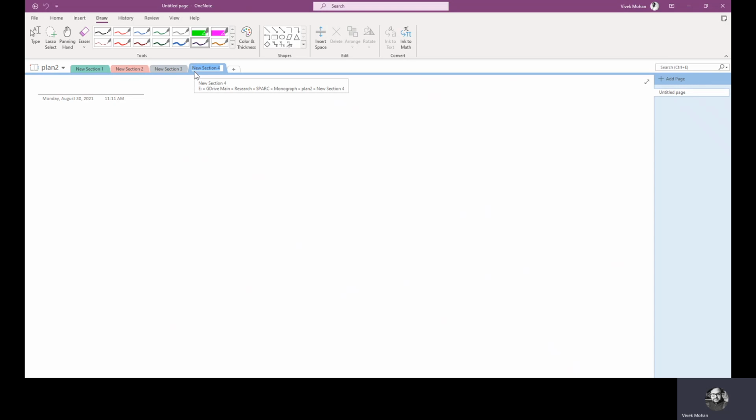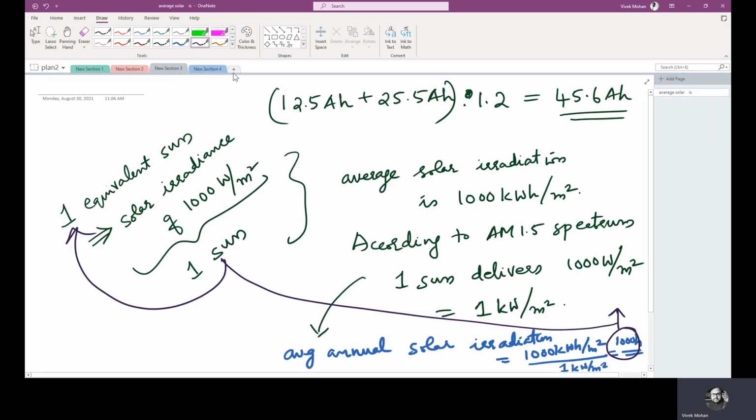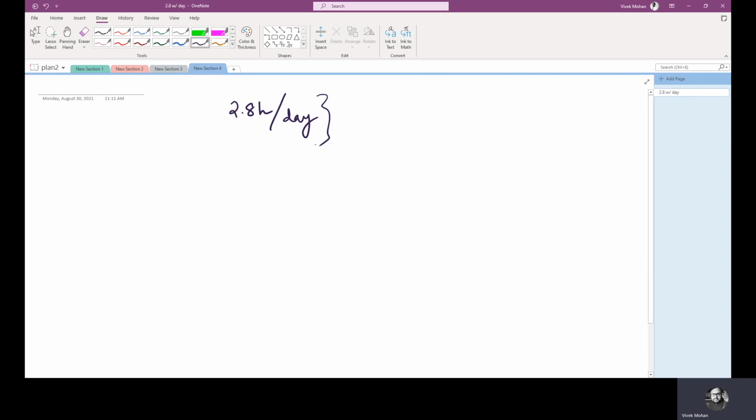So 1000 equivalent sun hours corresponds to 2.8 hours per day. Okay, now we can note that for the PV system design which we are doing now, we'll take the value 3 hours per day.